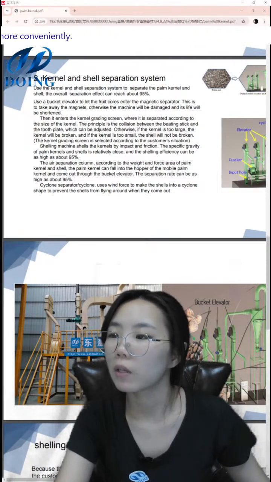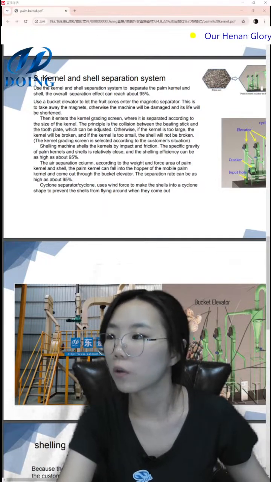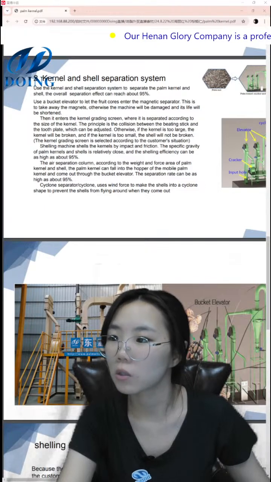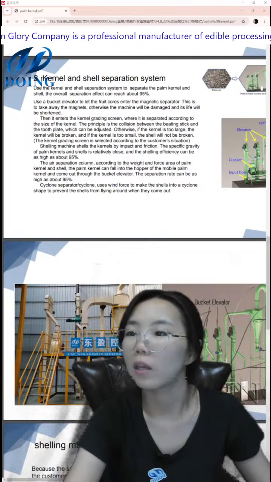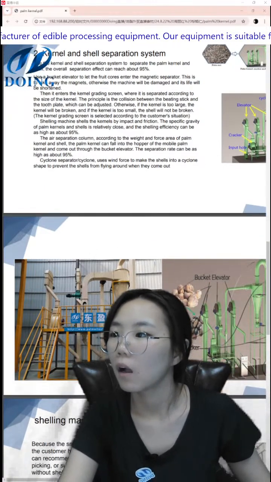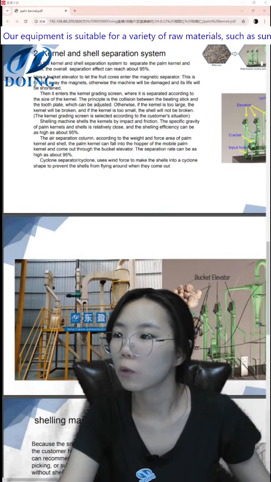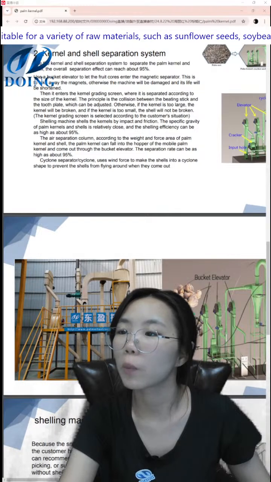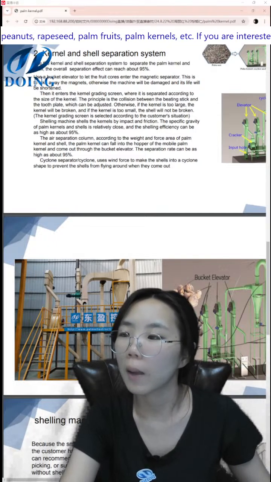The palm kernel can be fed into the machine and come out through the bucket elevator. The separation rate can be as high as 95%. The cyclone separator uses centrifugal force to make the shell swirl in a cyclone shape to prevent the shell from flying around when it comes out.